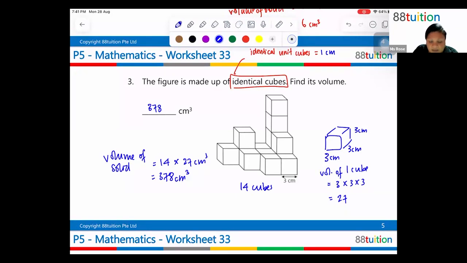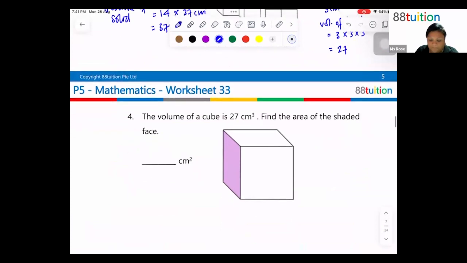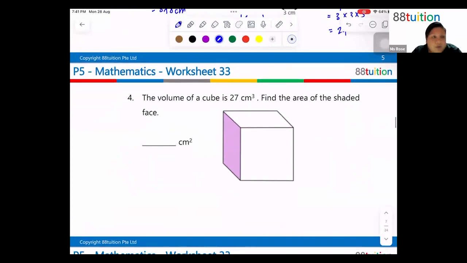Everyone's here. Okay. Now, for question number 4, what do we have? It says that the volume of a cube is 27 cm cube. Now, to get volume, I take length times breadth times height.